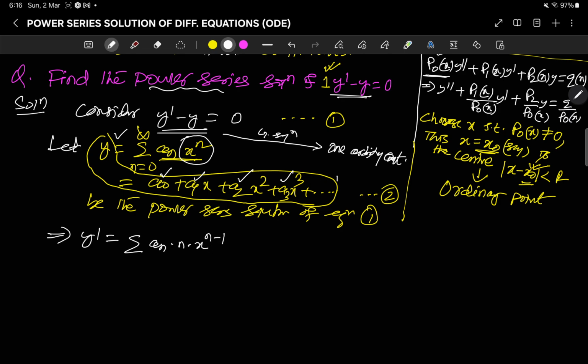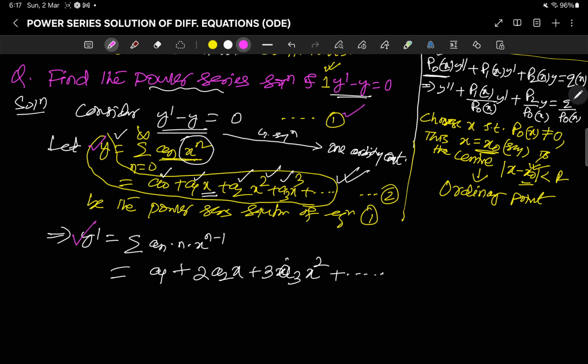Or if I directly find it from this, the derivative of a0 is 0, it is simply a1, the derivative of x is 1, plus 2a2x, the derivative of x square is 2x, plus 3a3x square, plus so on. Now we substitute the value of y and y dash in equation number 1.